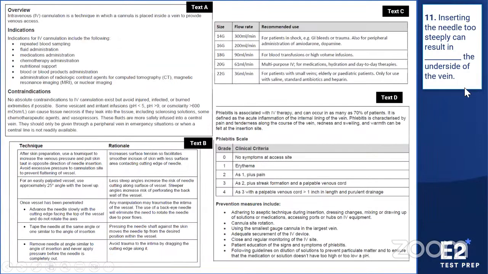Next one, inserting the needle too steeply can result in something the underside of the vein. So this is all about technique.